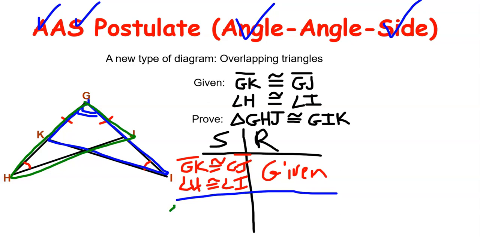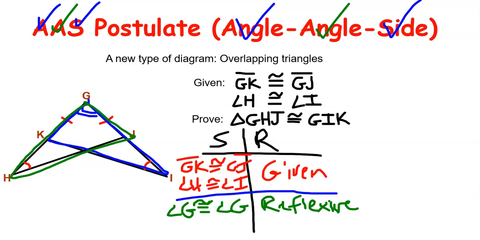So we can say that angle G is congruent to angle G because there's only one angle there, because of the reflexive property. Therefore, that angle connected to the side, that side not connected to the other angle, angle H and I, therefore we know that GHJ is congruent to triangle GIK by angle-angle-side.